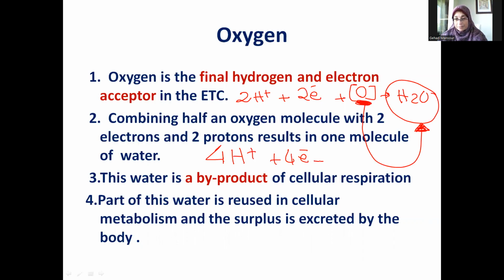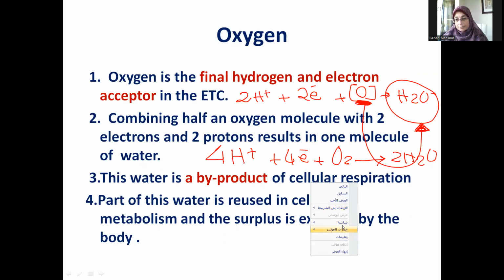Why are we multiplying by 2? Because we need 2 oxygen atoms, or actually an oxygen molecule to form 2 molecules of water, okay? So this is why oxygen is important. This is the function of oxygen. It acts as the final electron acceptor, and it helps in the formation of water, and in this reaction, it gets reduced.